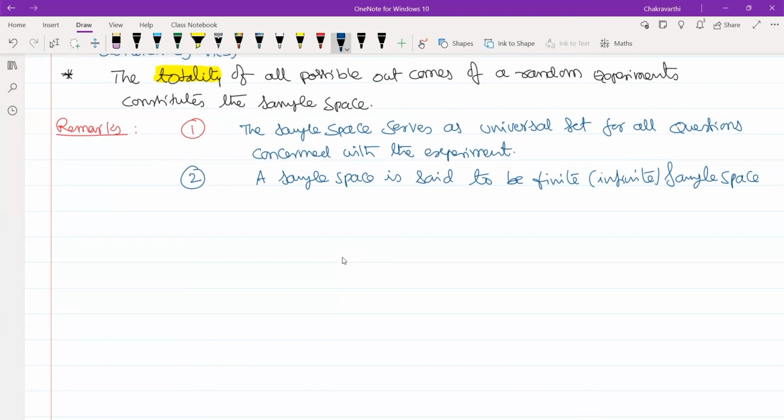The sample space may be finite or infinite. What is finite here? The number of elements is finite. Infinite means infinite.